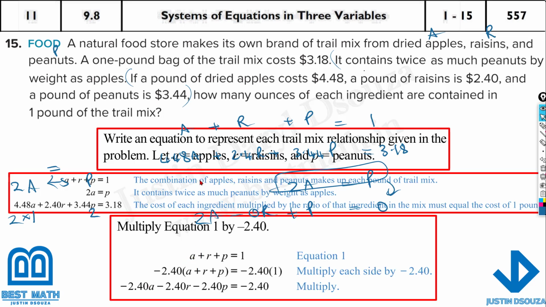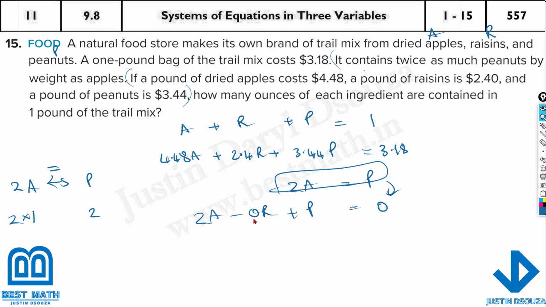You can see the first, apple, raisins, peanuts equals 1, and another equation over here, it's given 2A equals P. You need to actually write it like this if you're putting it in the calculator. So it's 2A plus 0R, and I've written it wrong here, guys. It's minus P, because I'm bringing it inside. It'll be minus P is equal to 0.